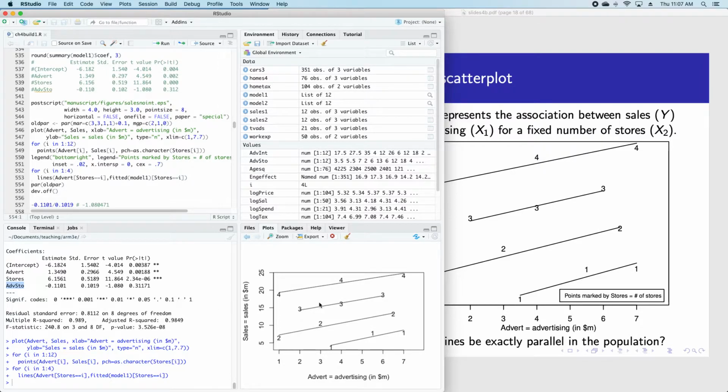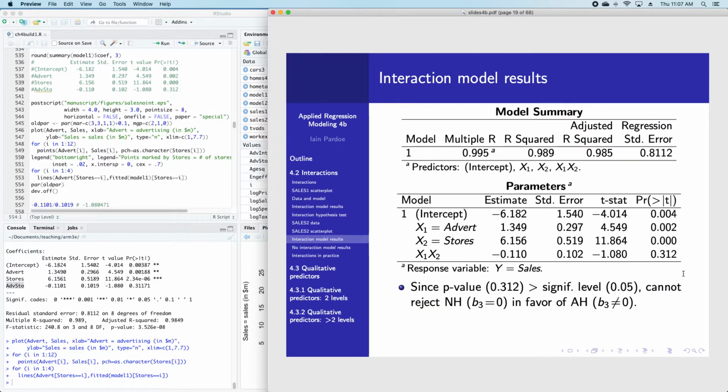And so if it's 0, that would mean that these 4 lines are actually parallel in the population. Okay, so the association between sales and advertising in this case does not appear to depend on the value of the other predictor, number of stores.